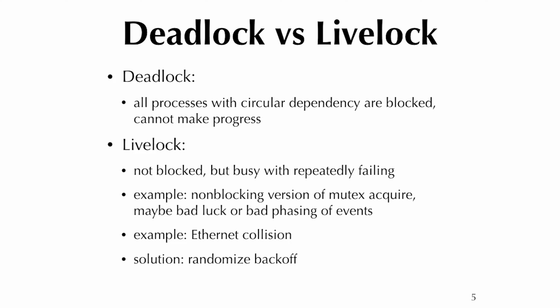And another would be, those of you who have taken communications probably know Ethernet, right? Or even Wi-Fi. Wi-Fi is based a lot on Ethernet concepts, except Ethernet is wired, Wi-Fi is wireless. So how does that work? Basically, anytime you try to transmit a packet on Ethernet, you just try, but the channel is shared with other nodes, other computers, other devices, and so you could collide with somebody else, right?